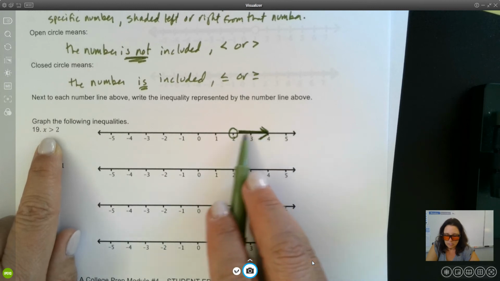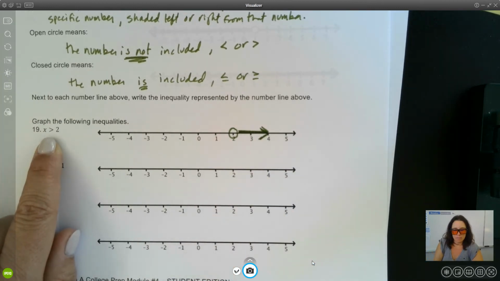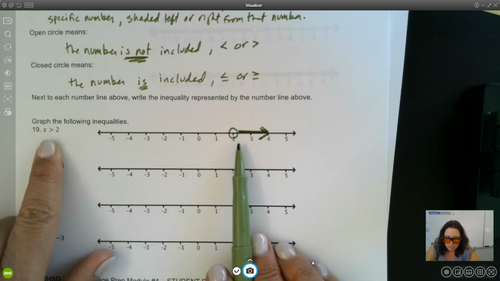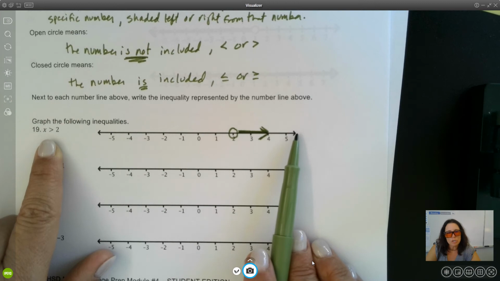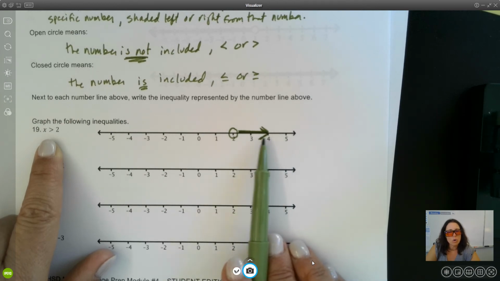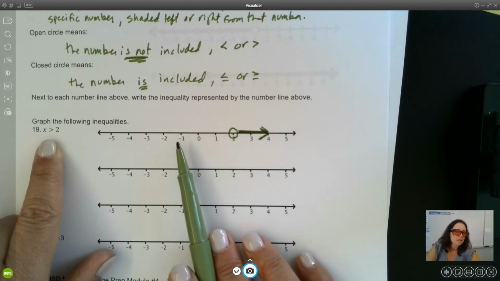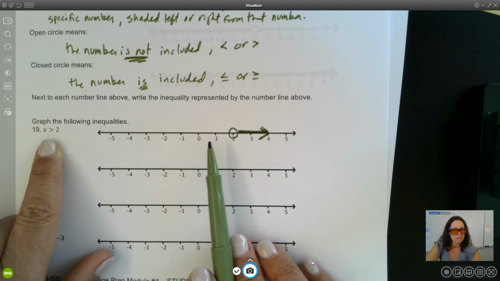Just as long as you have a little bit with an arrow tip showing where you're going, then that makes sense. Okay, now do you guys agree that 2.0001 and everything larger is a solution to this? Okay, do you also agree that everything 2 and less is not a solution? Okay, that's how you read this.